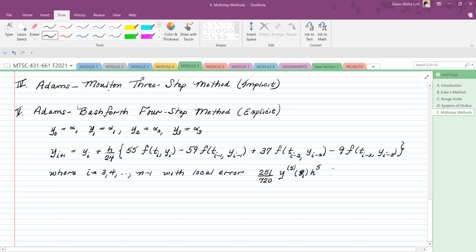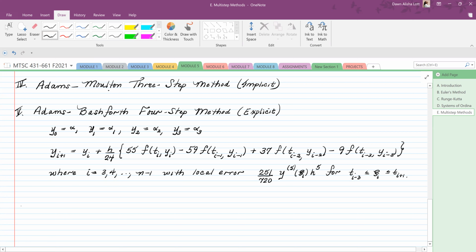And this is again for t_{i-3} less than or equal to xi_i, less than or equal to t_{i+1}. Okay, all right, so that is that one.